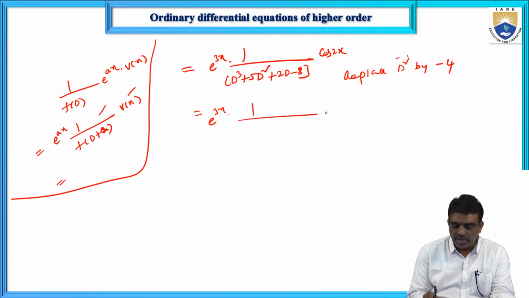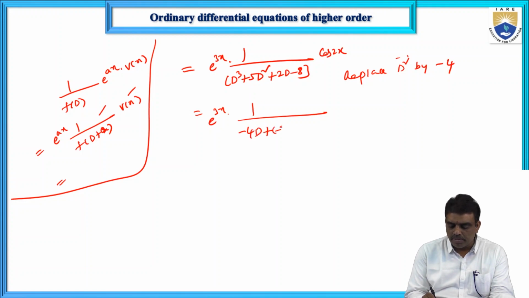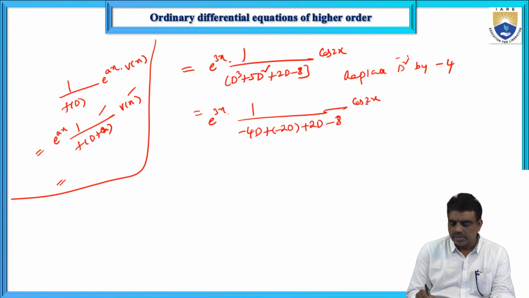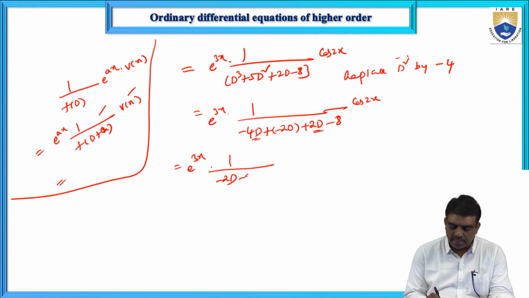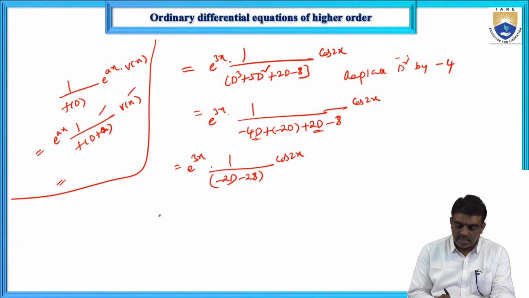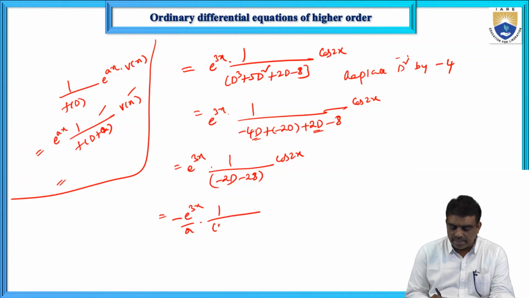E power 3x into 1 by D cube, D square into D, that is minus 4D, plus 5 into D square minus 4, you will get minus 20, plus 2D minus 8 of cos 2x. That is e power 3x into 1 by 2D minus 4D, that is minus 2D, minus 20 minus 8, minus 28 of cos 2x. Or on taking out the minus sign and e power 3x by 2 outside, we will get D plus 14 of cos 2x.